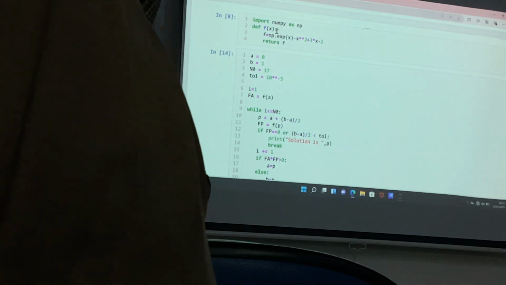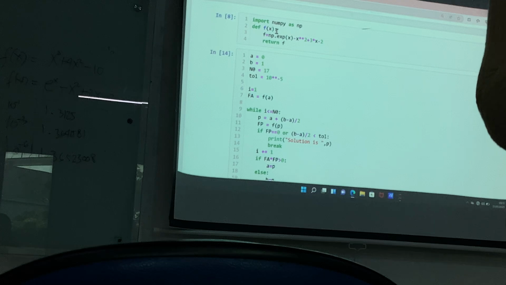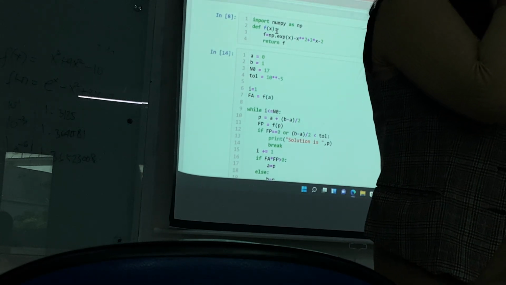So if you use capital P, then stay with capital P. Different from Excel, Excel is not case sensitive.